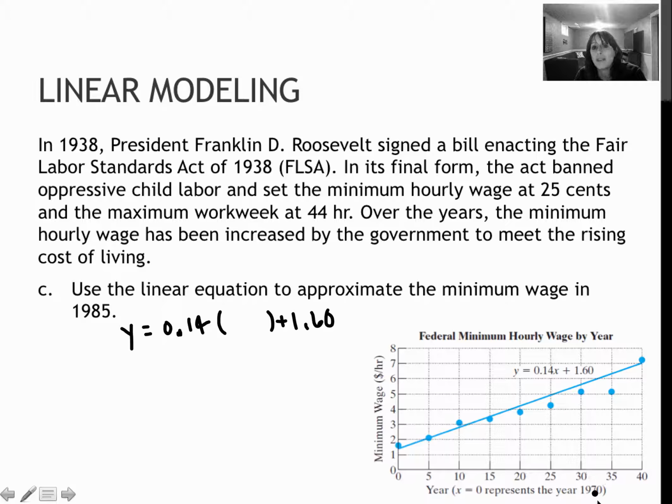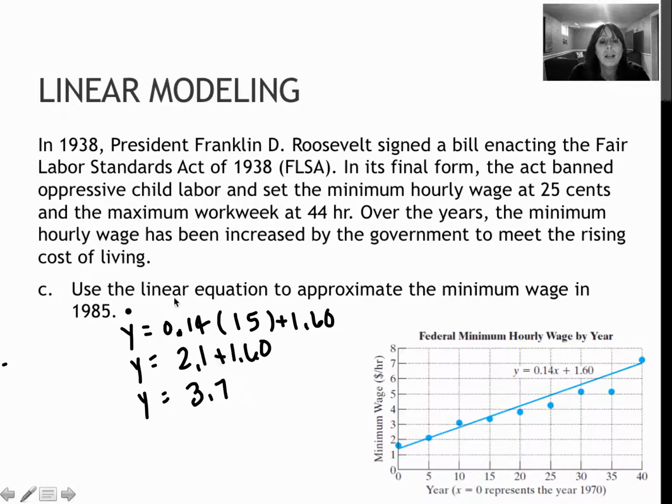It would be 15 years past this, so I'm going to put a 15 right here. When I multiply 0.14 times 15, I get 2.1. I'm going to add that to 1.60, so that's going to give me 3.7. And again, I'm using that to approximate the minimum wage. So even though my answer is 3.7, I would say the minimum wage in 1985 is $3.70.